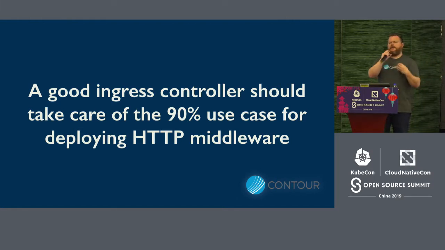So the way that I've approached this design space is to say a good Ingress controller should be able to take care of 90% of the reasons that maybe in previous lives and previous automations you would have had to use Nginx or Apache or Squid or some kind of sidecar or some middleware or something in the request flow to augment your application, either as middleware or as kind of glue to bring it all together.